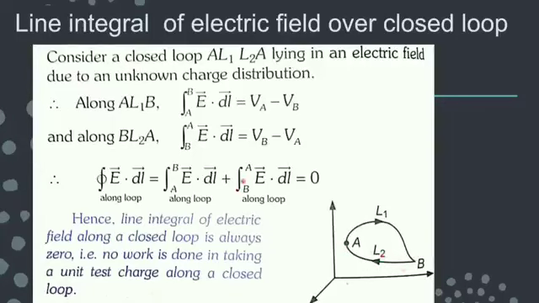And work done can be written in terms of potential; when I am bringing the unit charge, I need not write the Q naught. Simply, work done equals potential difference for a unit charge, and this potential difference I have taken equal to the line integral of the electric field, which you are getting equal to 0.